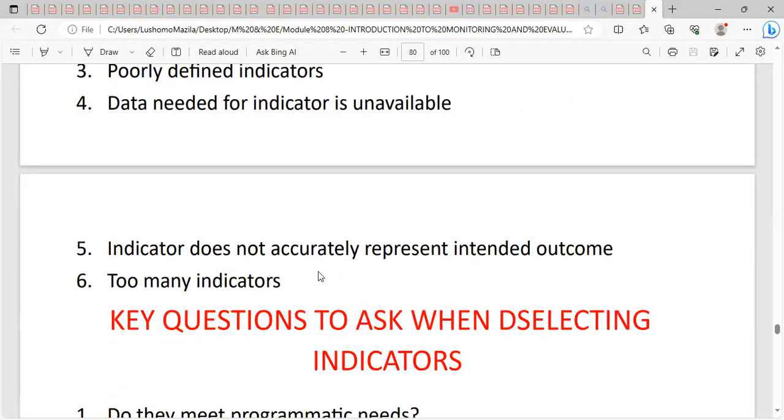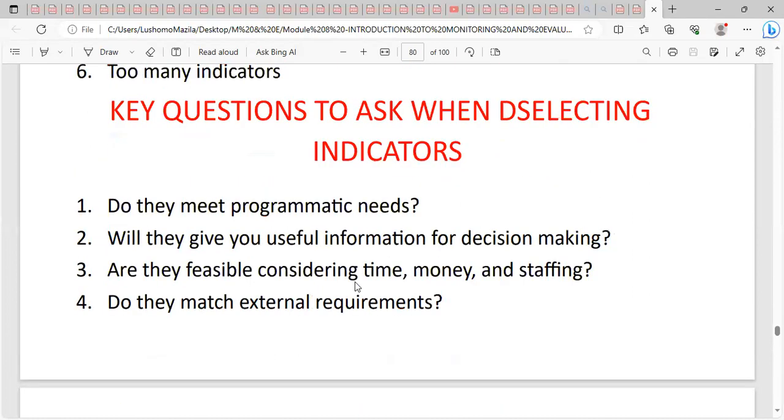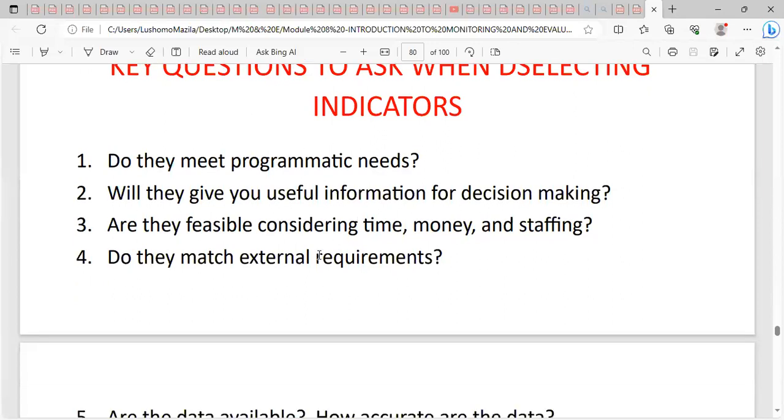Indicators that do not accurately represent the intended outcome, don't use them. It's a mistake. Too many indicators, a lot of them, is also a mistake. So, key questions to ask when selecting indicators: Do they meet programmatic needs? Will they give you useful information for decision making?